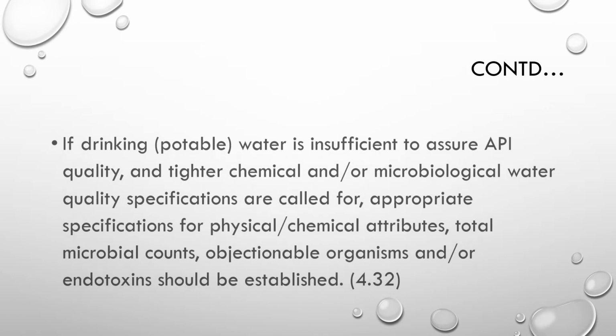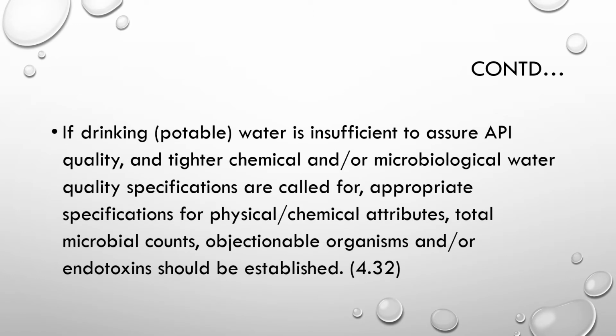Let us see what section 4.32 prescribes. If drinking water is insufficient to assure API quality and tighter chemical and/or microbiological water quality specifications are called for, appropriate specifications for physical chemical attributes, total microbial counts, objectionable organisms and/or endotoxins should be established.